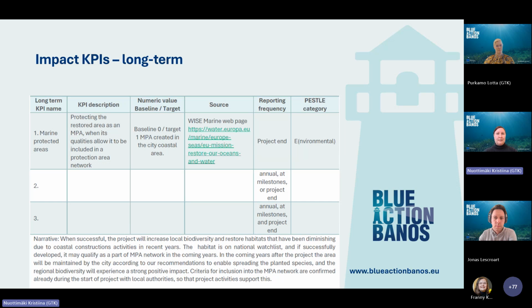So you have probably discussed with the authorities locally what this would mean in practice. You will report this at the project end, and you see it supports the environmental category. So basically, by doing the planting work and upscaling the previous activities, you are creating a new marine protected area.